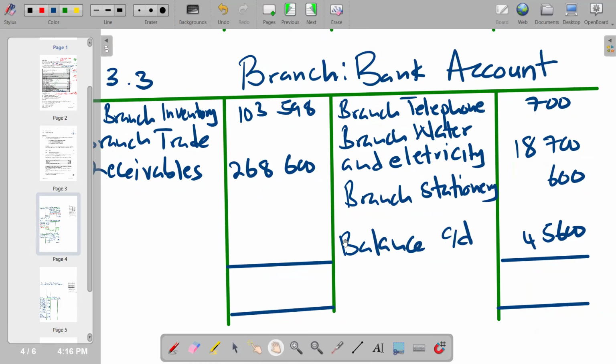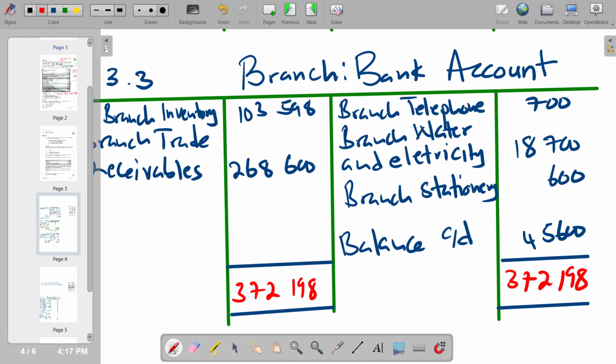And we can see that we are supposed to have a balancing figure, and that balancing figure is supposed to be transferred to the head office. If you check the debit and the credit, you're going to see that the total of the debit is the greater total, with an amount of 372,198, and it comes on the credit side again.